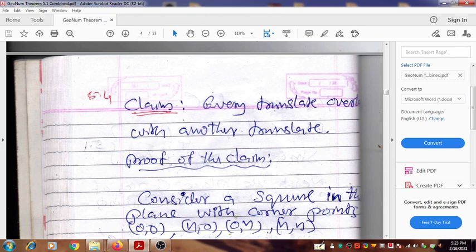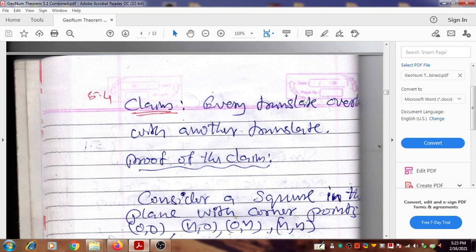When you take a particular translate of C prime, you can see that the translate will overlap with at least one other translate. This point is stated here as a claim.